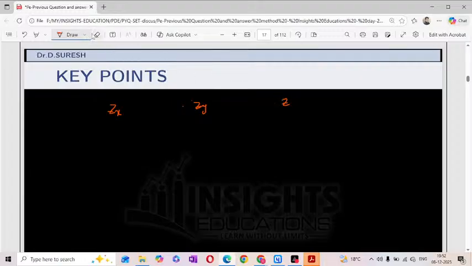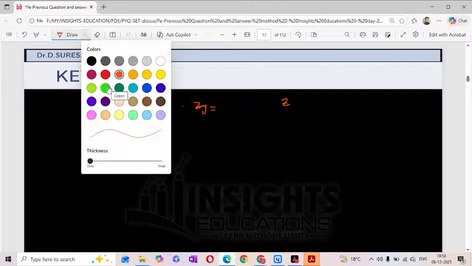So linear means there is no product of dependent variable and its derivatives. These three must be separate: zx, zy and z, and the power or degree of this zx, zy and z must be 1.